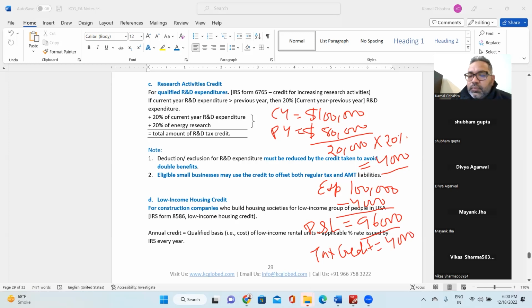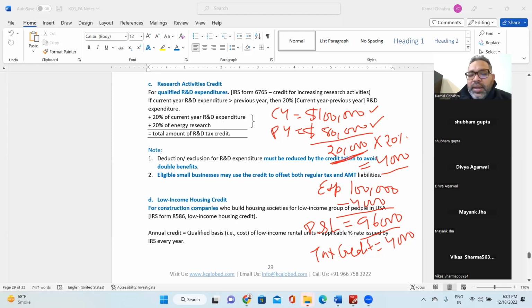Could you please explain this again, sir? I'm saying in the current year, you have made an expenditure on research and development of $100,000, right? In the previous year, you made $80,000. So in the current year, you have made 20,000 more.